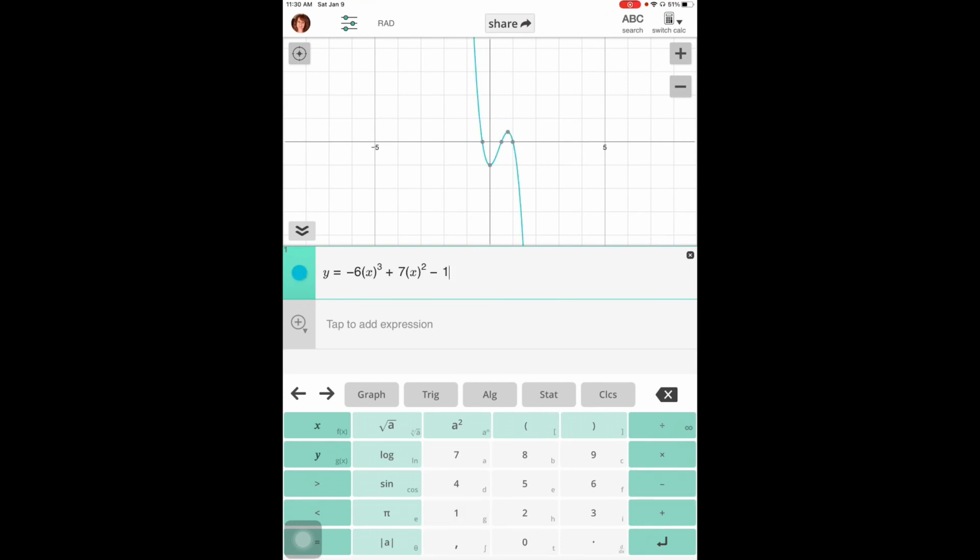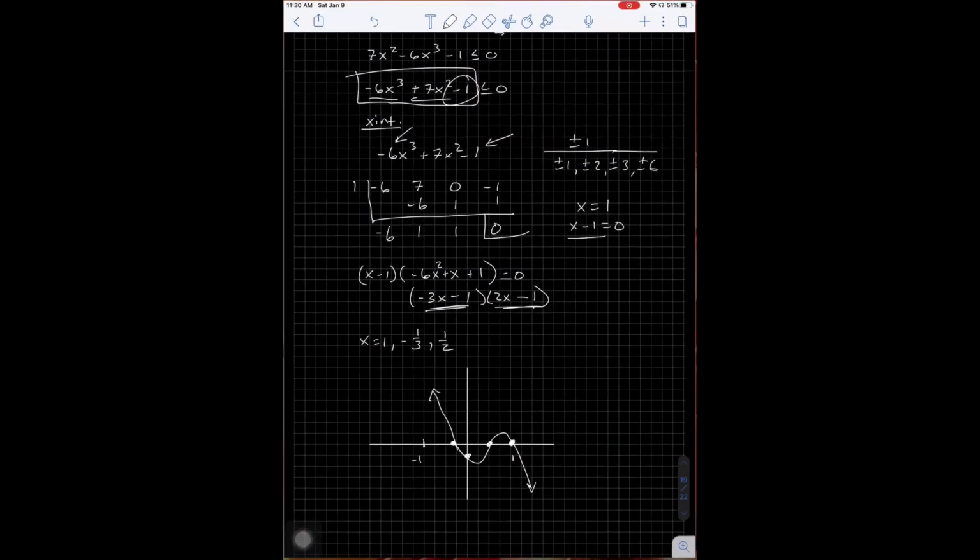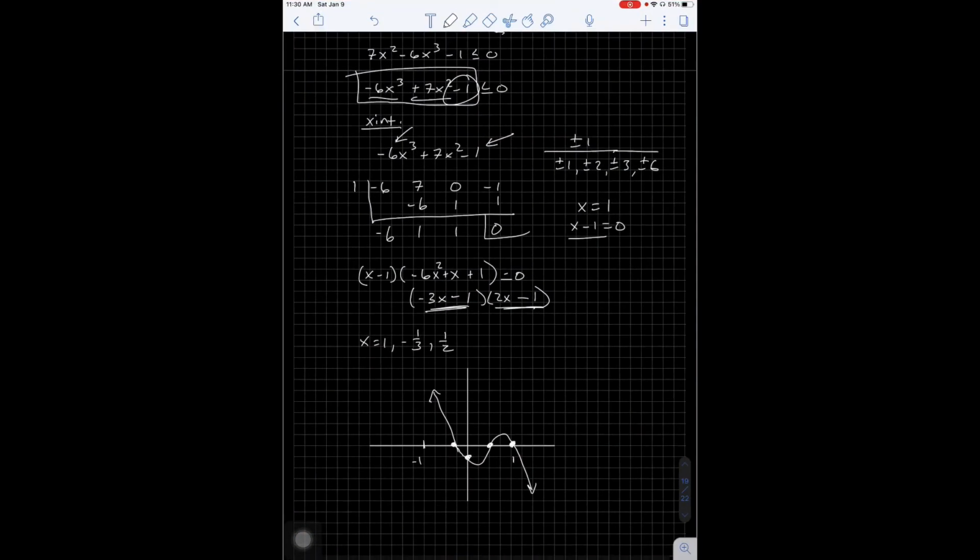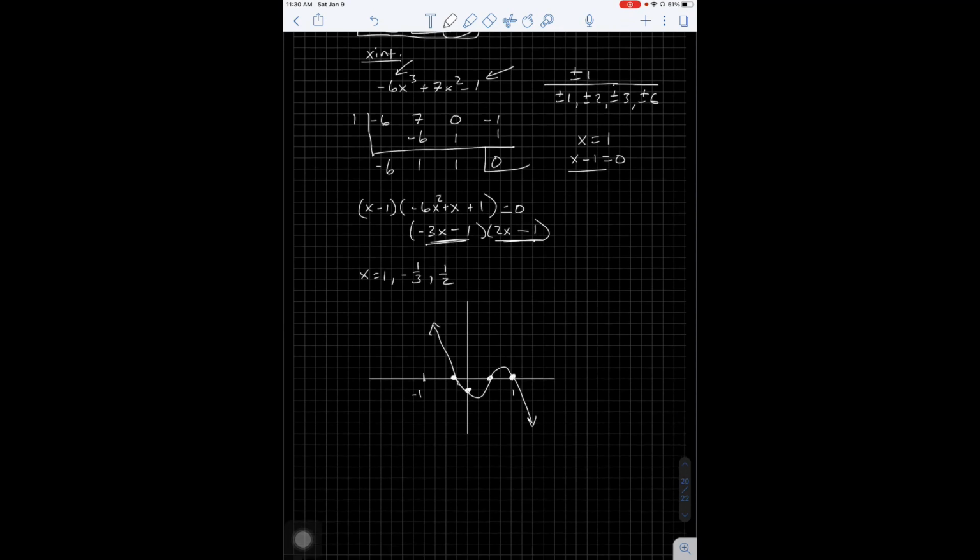All right, so this is what it's looking like. If you want to tap on these, you can see I've got an x-intercept of 1 and a half and a -1/3, and it's coming down from the left. Well, looks pretty similar. Okay, so that confirms my work there.